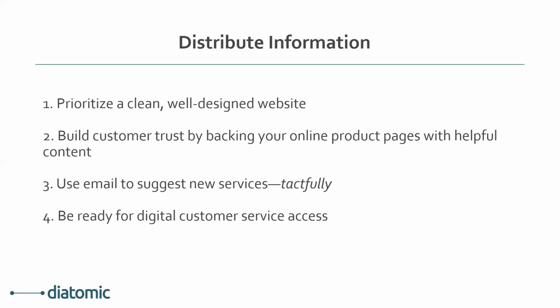Prioritize a clean, well-designed website. Build customer trust by backing your online product pages with helpful content. Use email to suggest new services, but tactfully. And be ready for digital customer service access. That's the way you should distribute information.